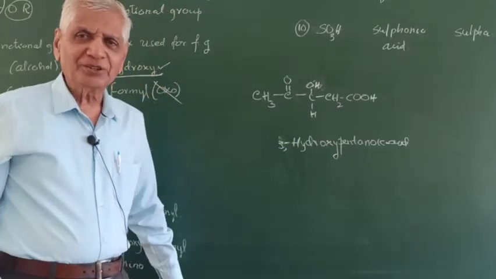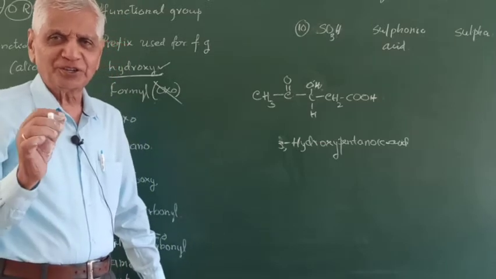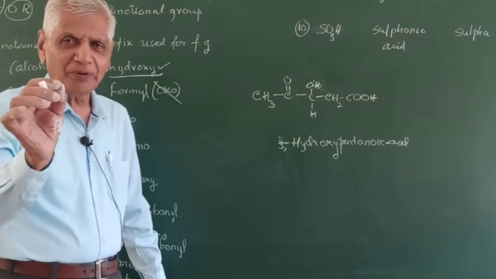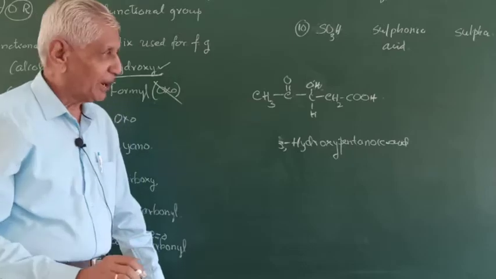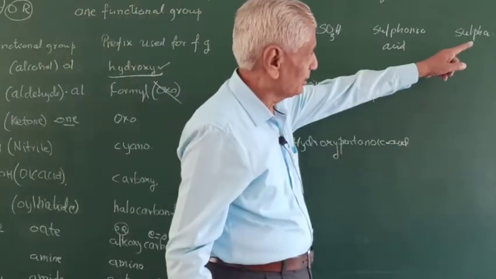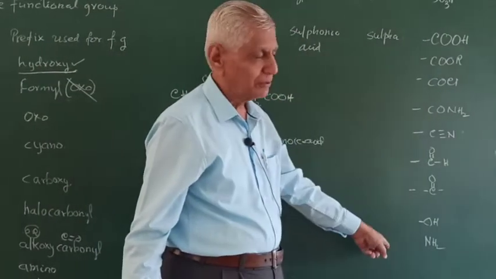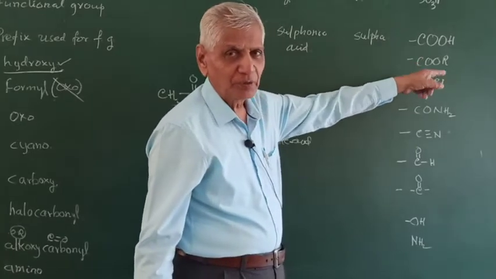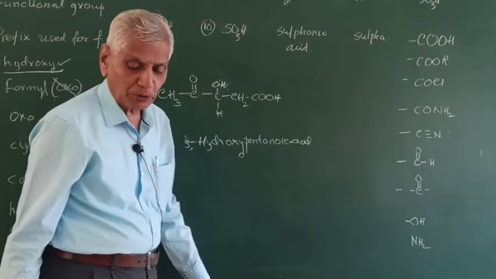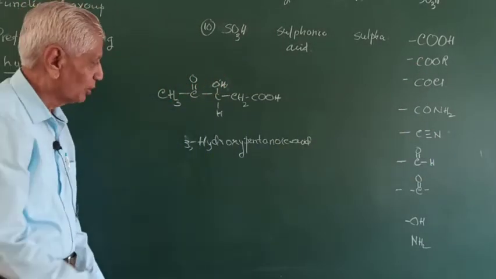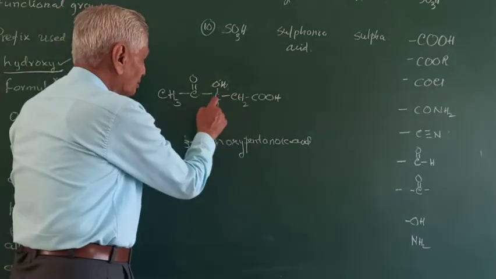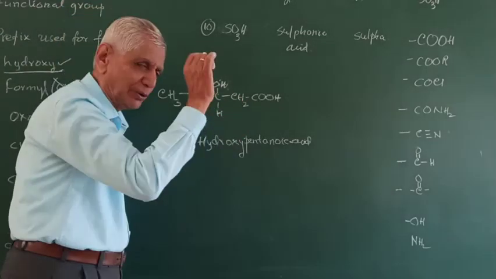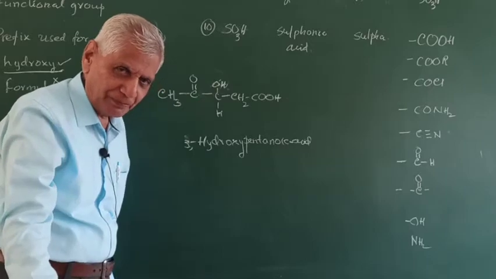In that case, what do you have to do? First select the main functional group. What is the main functional group? Look here, this is the order you have to follow. COOH. If the COOH group is there, it is oic acid. So the compound is 1, 2, 3, 4, 5 pentanoic acid only.